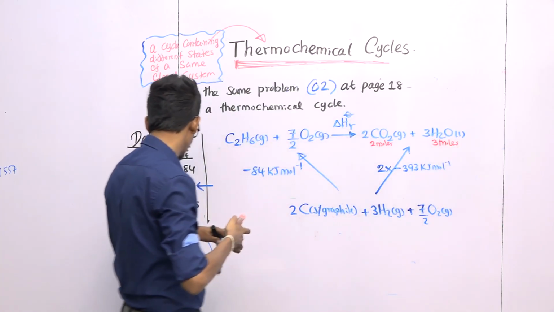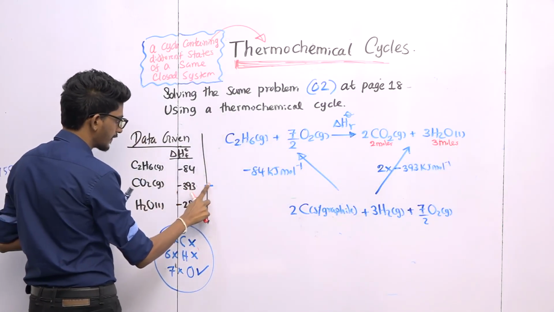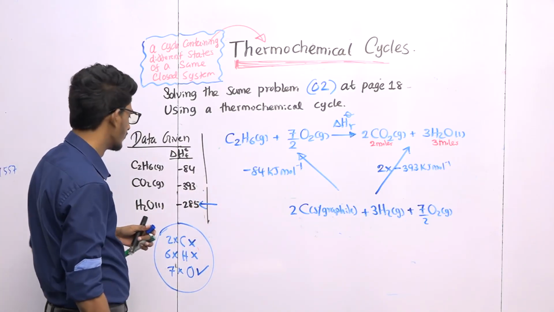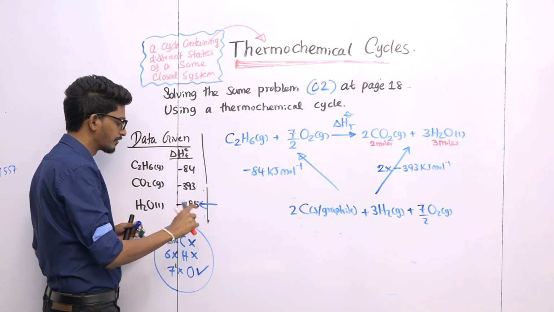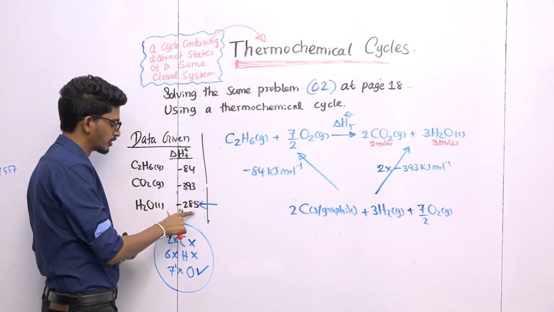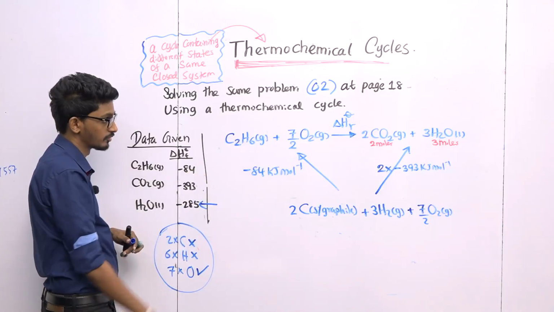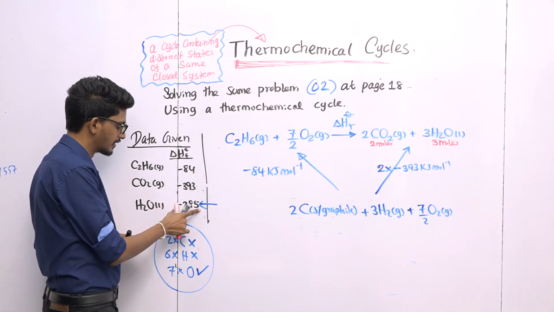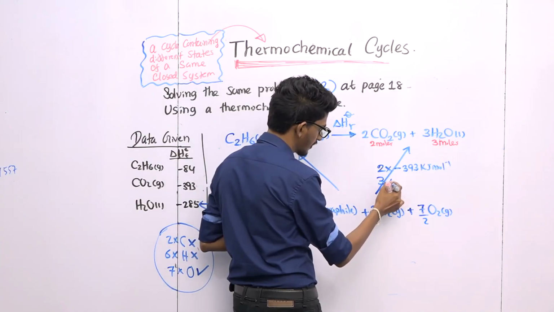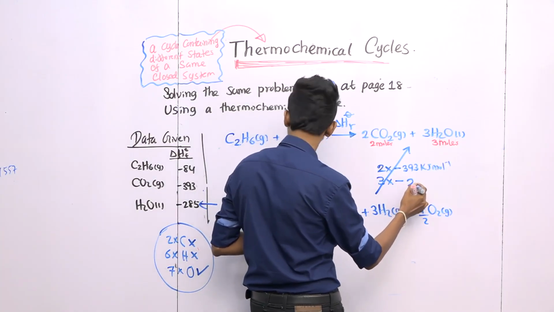If you apply this energy change, that will convert your reference states to 1 mole of H2O liquid. So we need 3 moles of H2O liquid, so we need to apply this energy change thrice. That will convert your reference states to 3 moles of H2O liquid.